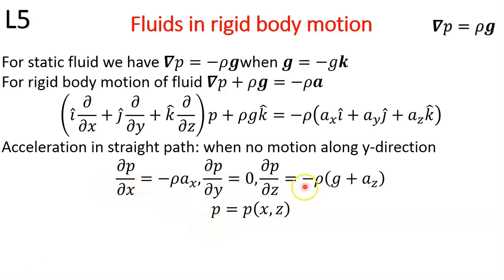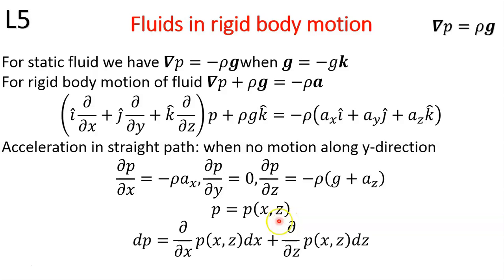Here this equation tells me that the pressure term depends upon variable x and variable z, and is independent of variable y. So P is a function of x and z, and therefore the exact differential for P can be written as del P by del x into dx plus del P by del z into dz.